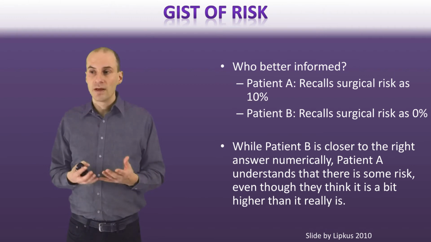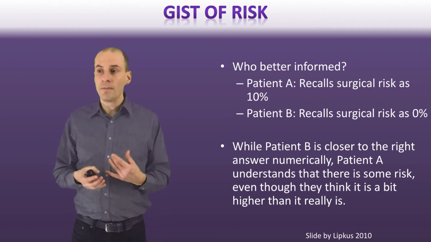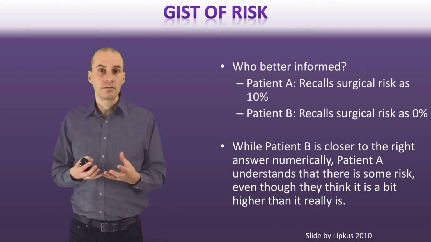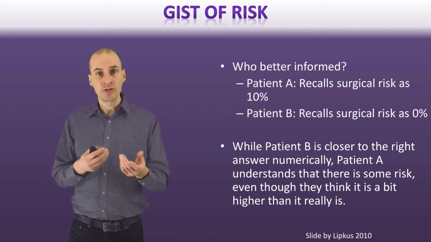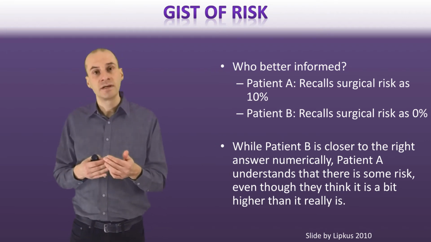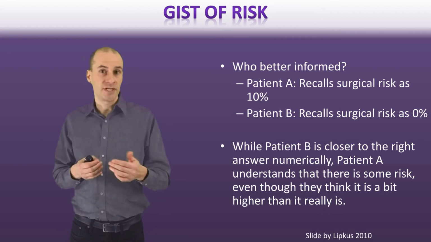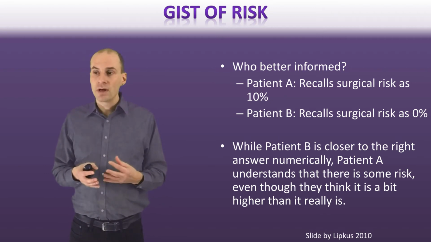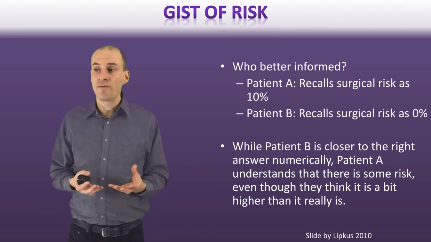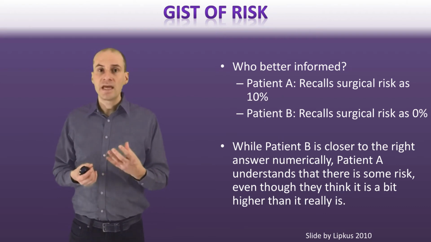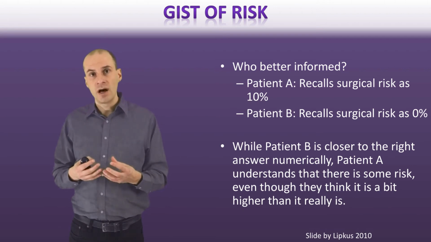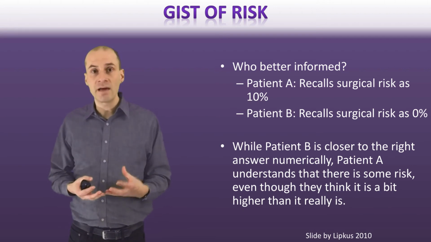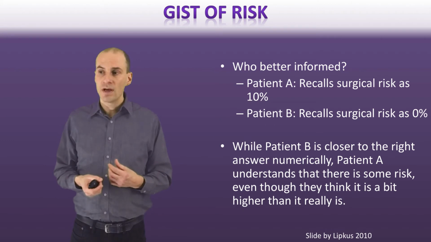Well, think about it this way. Patient B is actually closer numerically to the risk. Remember, 0% is closer to 2% than 10% is. However, patient A is actually better informed in a sense, because even though they're off by some percentage, they're recognizing that there's a risk of dying on the table during a surgery.